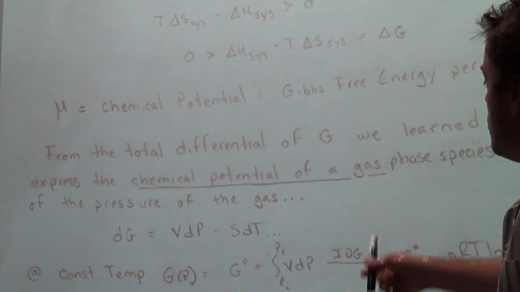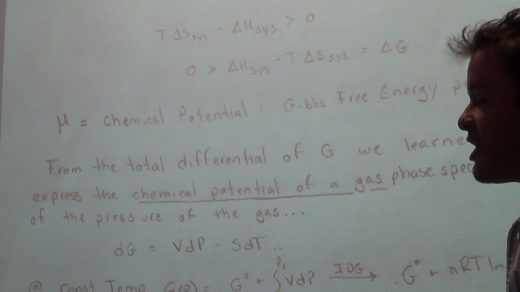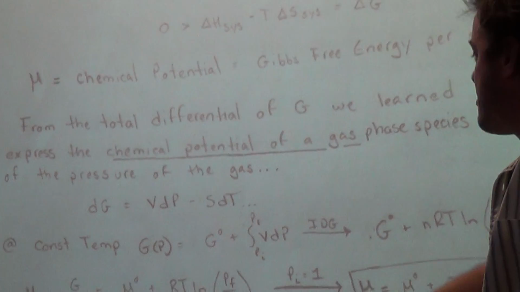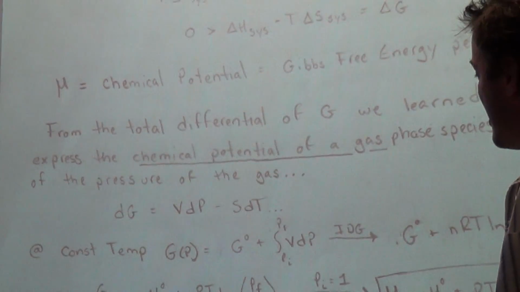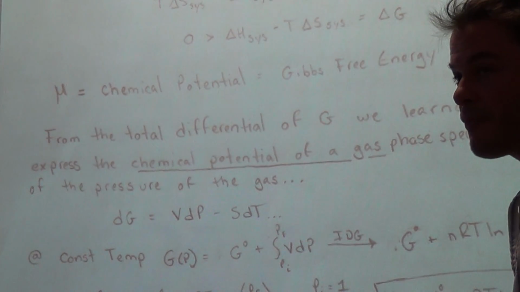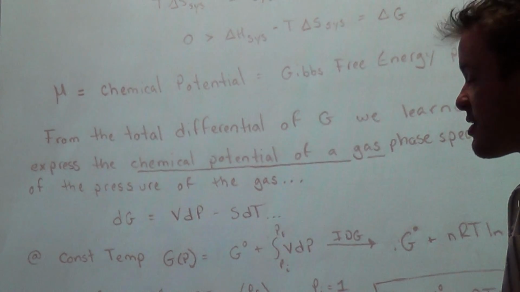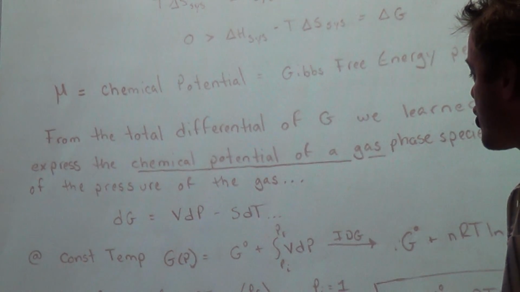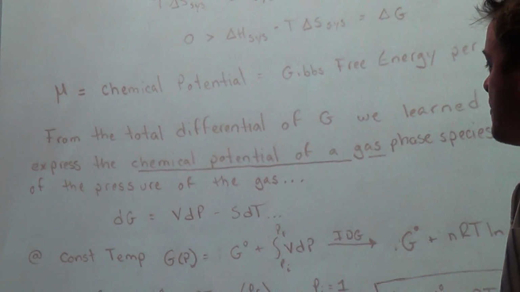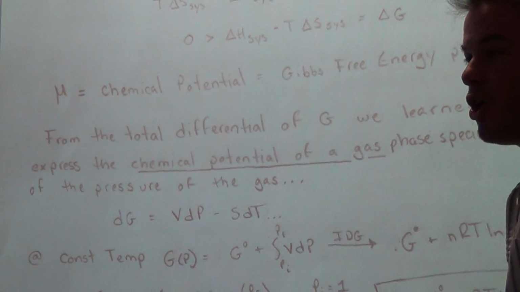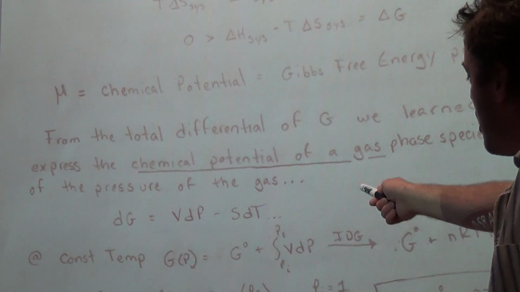We went back to the total differential of the Gibbs free energy. We did a big long piece of math and we said that dG was VdP minus SdT. And the reason we did that is because we wanted to have an expression for how the Gibbs free energy varied from non-standard conditions.